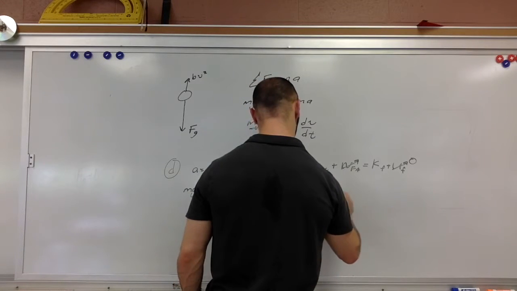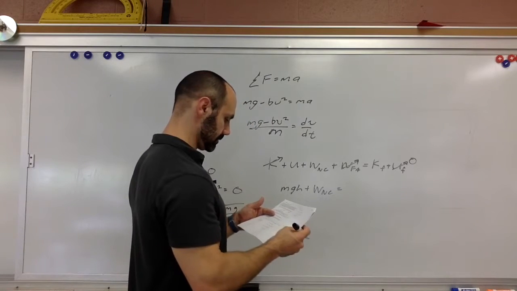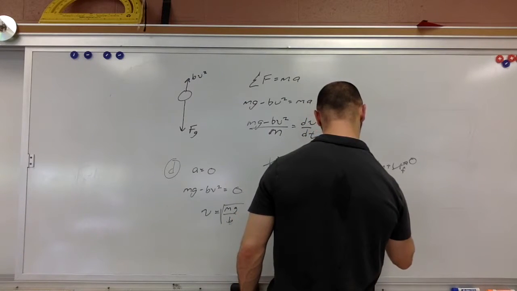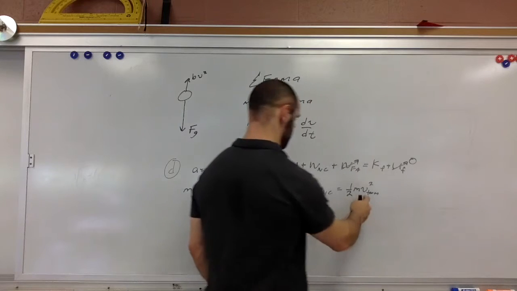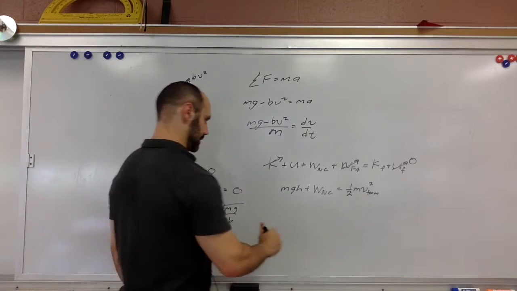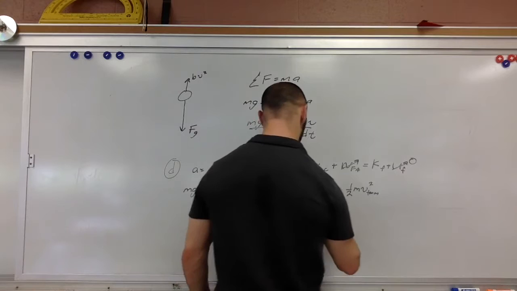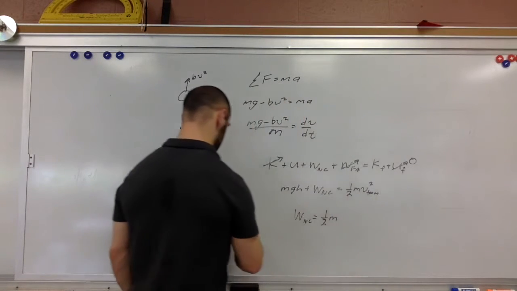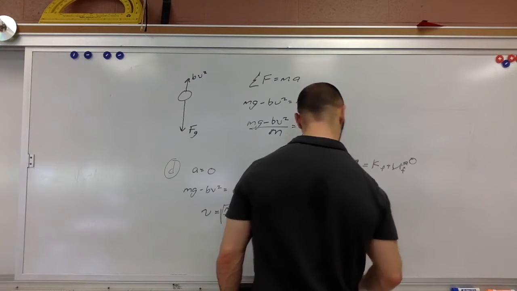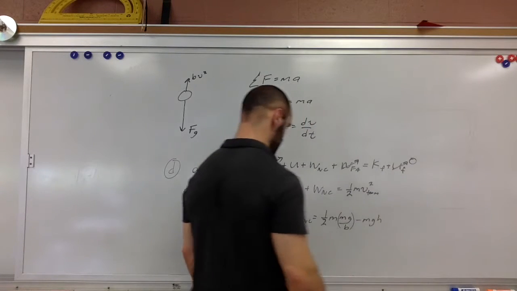Plus the work done by non-conservative forces, equal to the final kinetic energy, so this is 1/2 m v terminal squared. That's the terminal velocity, but notice I solved for that here, so that's going to be kind of nice. So the work done by the air resistance is going to be 1/2 m times this thing squared, so this is mg over b, and then minus mgh.